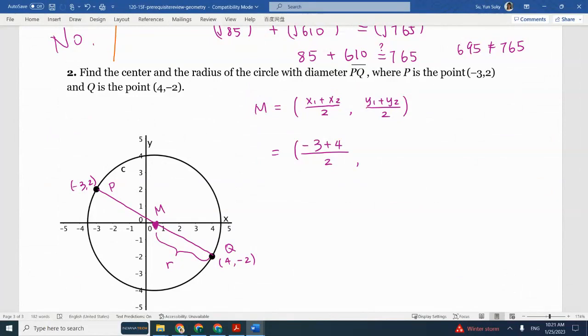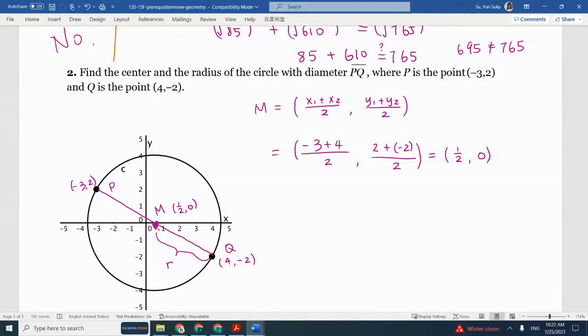The y coordinate of point P is 2, the y coordinate of point Q is -2, and we divide that by 2. Do you see -3 plus 4 is 1? So we get 1/2. And 2 plus -2 is 0, and 0 divided by 2 is 0. So our point M is (1/2, 0).